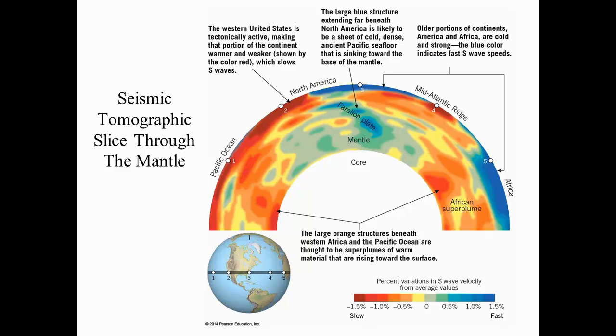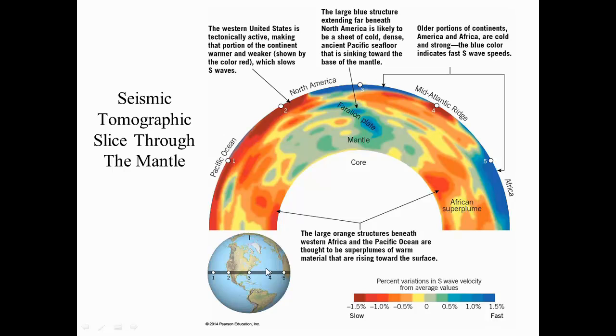So here, for an example, we have a cutaway view of Earth. The core is whited out, and so all the colors that we see, the reds, the blues, and greens, are within the mantle.